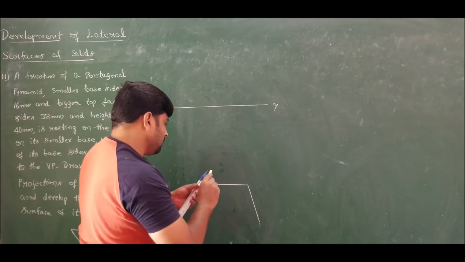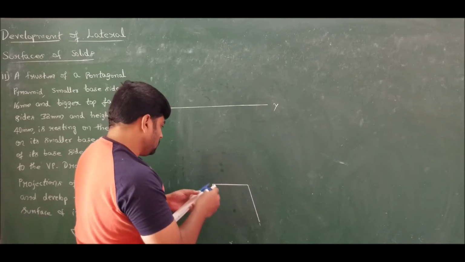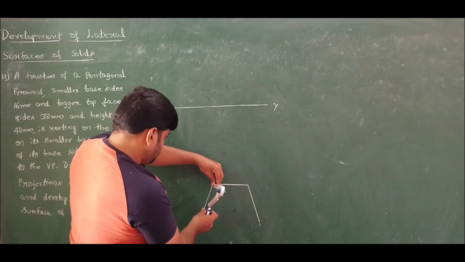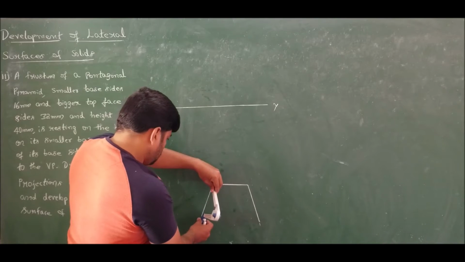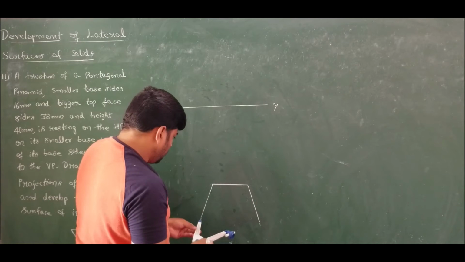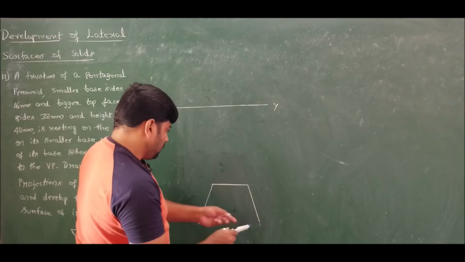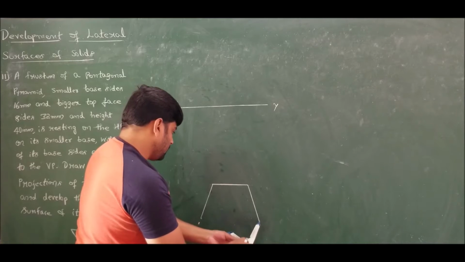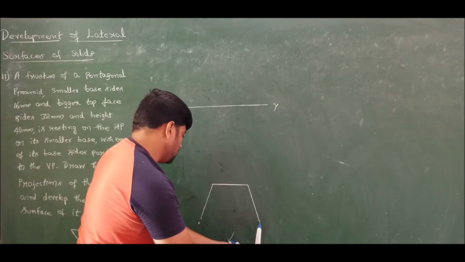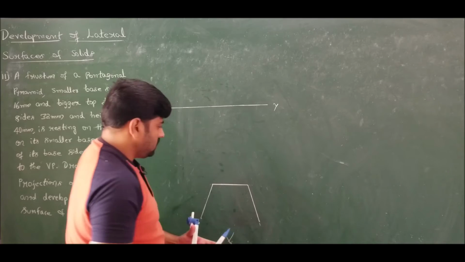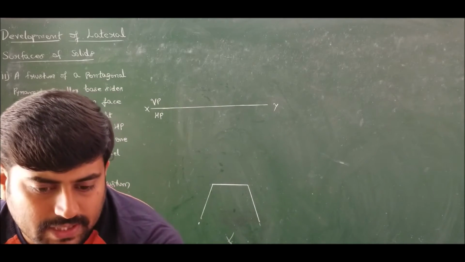That is, measure it and cut an arc. So measure this and cut an arc. From here also cut an arc to intersect. So this completes the required pentagon.